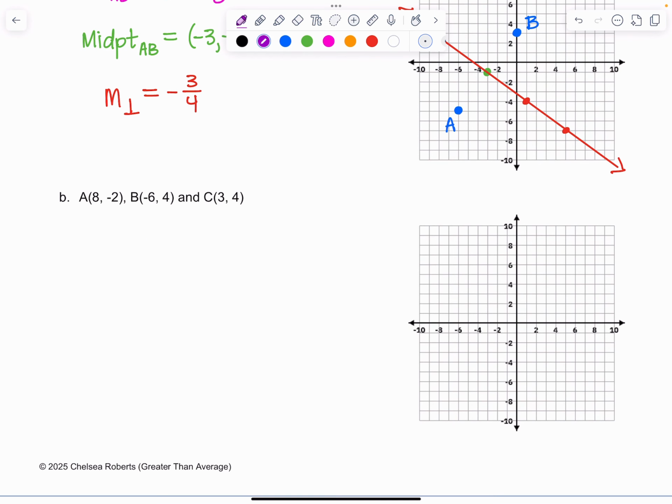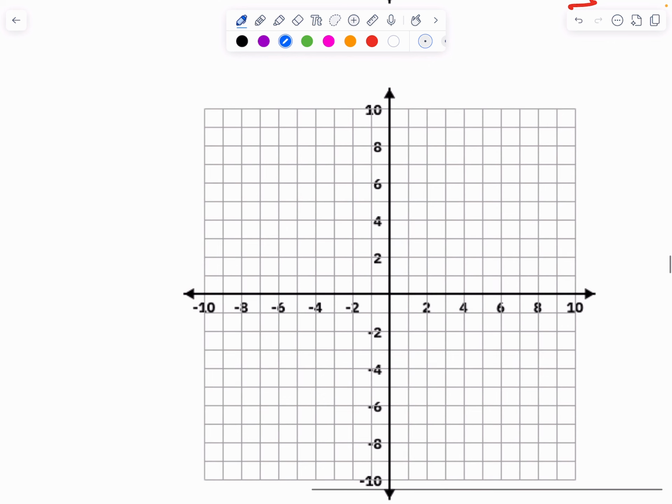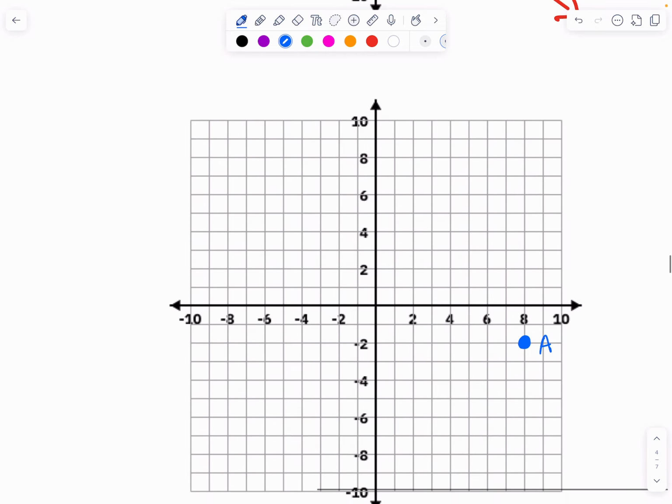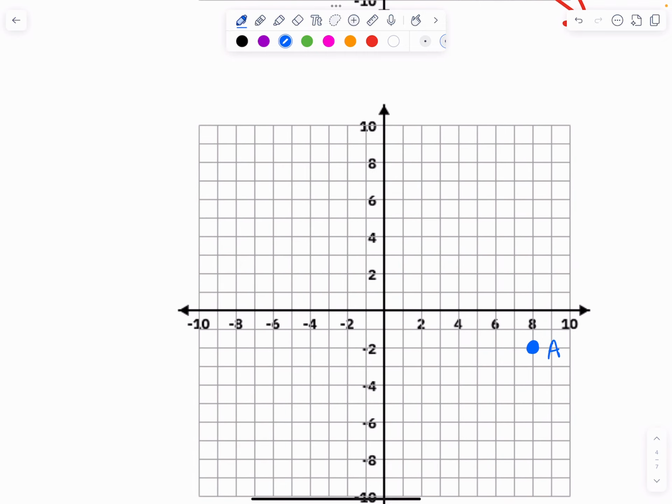All right, so now let's look at example B. It says we have the points 8, -2. So if I go to 8, -2, I'm here. It says that I have -6, 4, so -6, 4 is here.